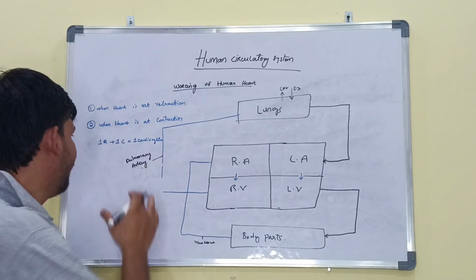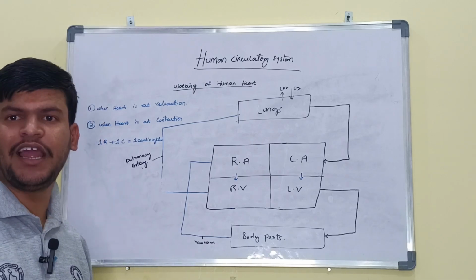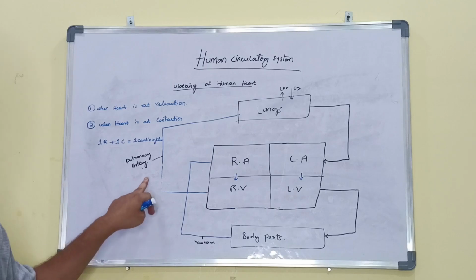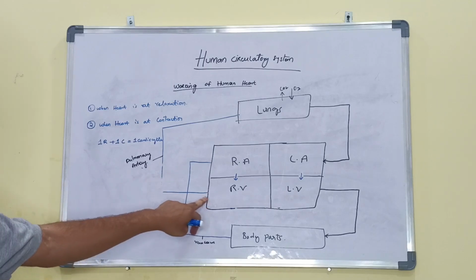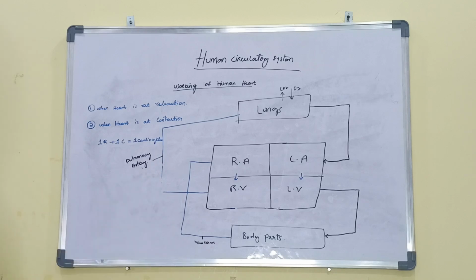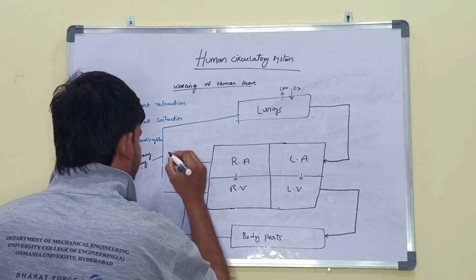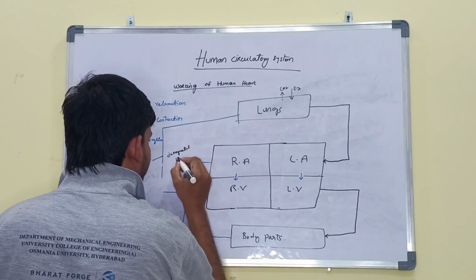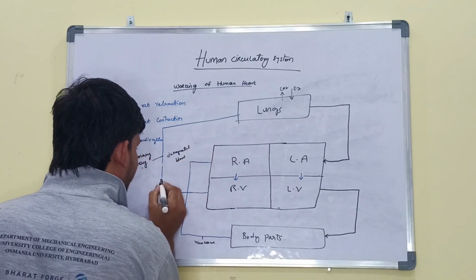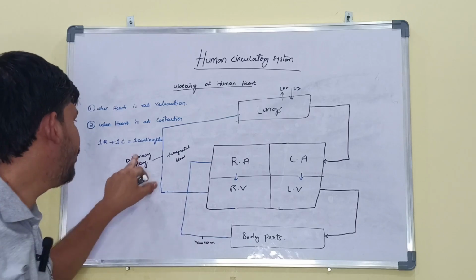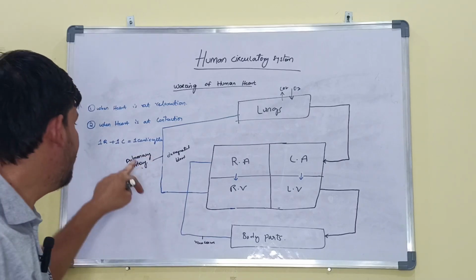Before few minutes we have discussed the pulmonary artery, the only artery which carries deoxygenated blood. Here we can see from right ventricle to lungs it carries deoxygenated blood. Here we are using the term pulmonary.